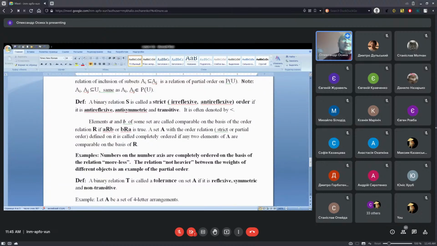Instead of R, we can say here strict or partial order, and with the partial order, both cases can be available.